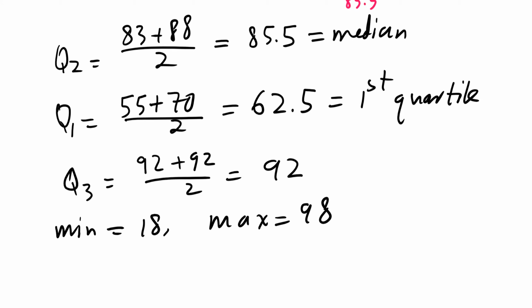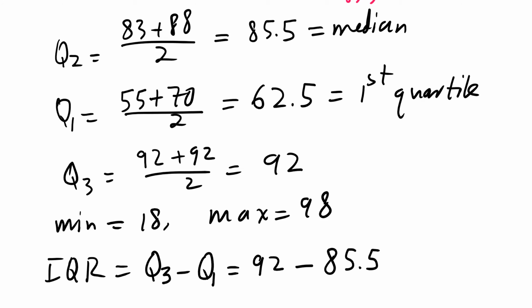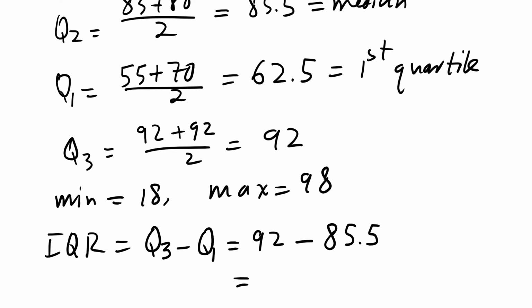And if we need to find the IQR, again it's Q3 minus Q1, 92 minus 85.5, 6.5. So that's the IQR, the interquartile range, for the whole data.